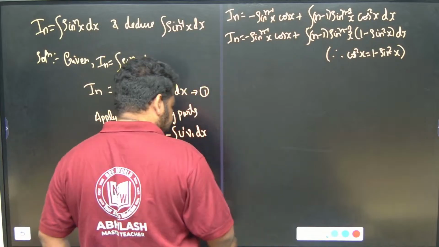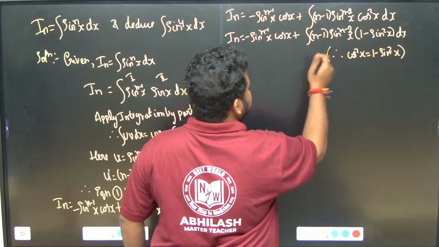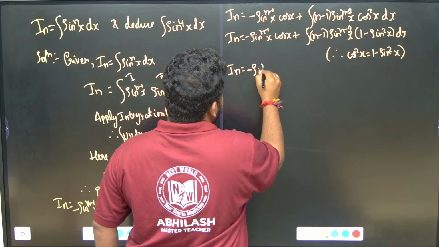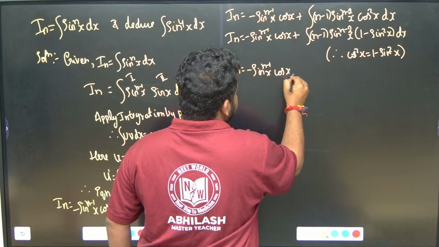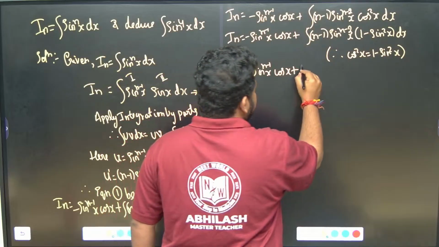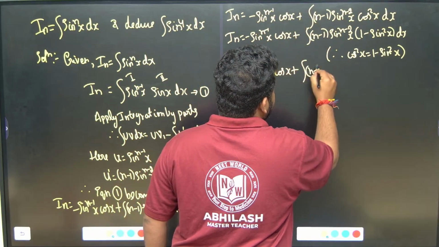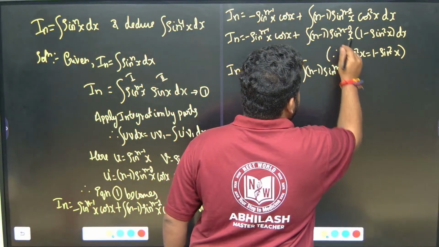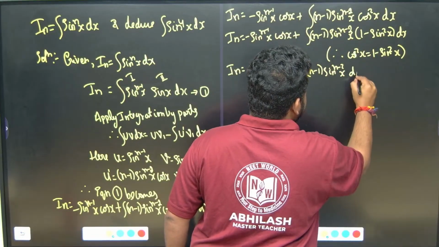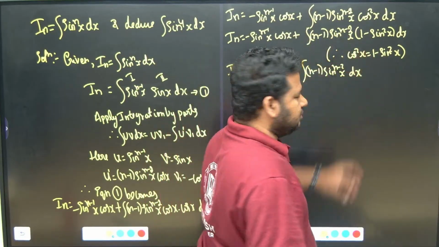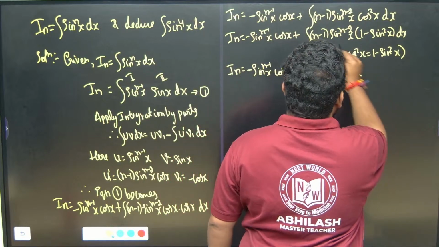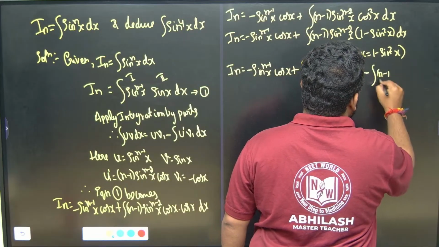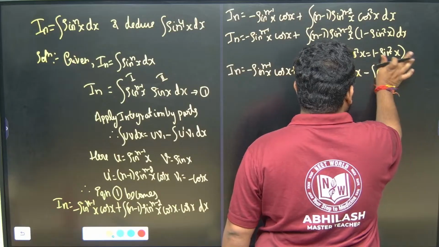So further, I can substitute the values and multiply this out. I n is equal to minus sin^(n-1) x into cos x plus integral of (n minus 1) into sin^(n-2) x into 1, dx. Next, plus into minus is minus, minus integral of n minus 1 into sin^(n-2) x into sin square x.